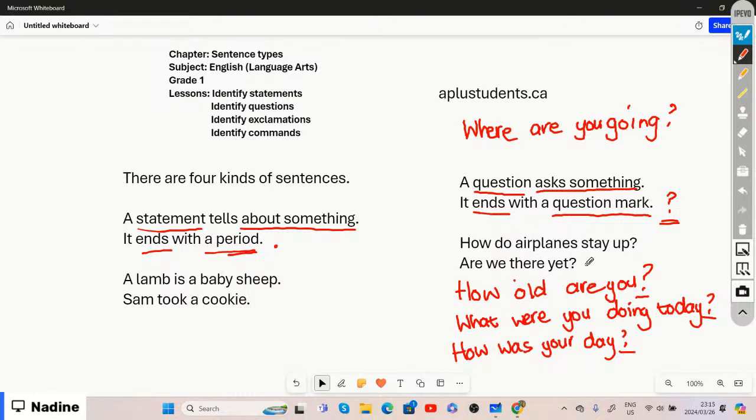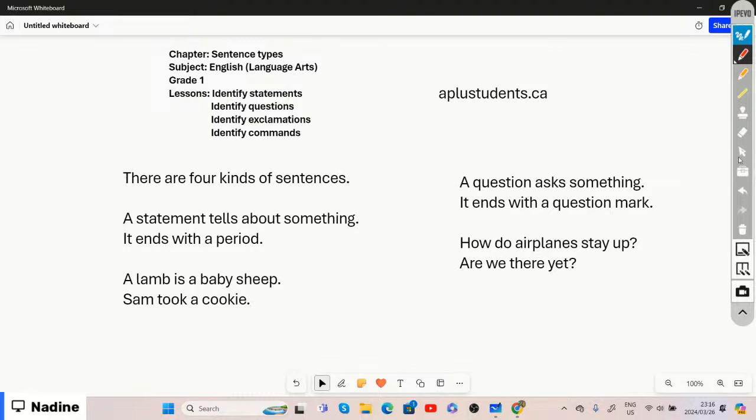And it ends with a question mark. So there we have so far the two kinds of sentences. We're still going to go over two more kinds of sentences, but we have four kinds of sentences, one being a statement, the second one being a question. Now we're going on to the next type of sentence.